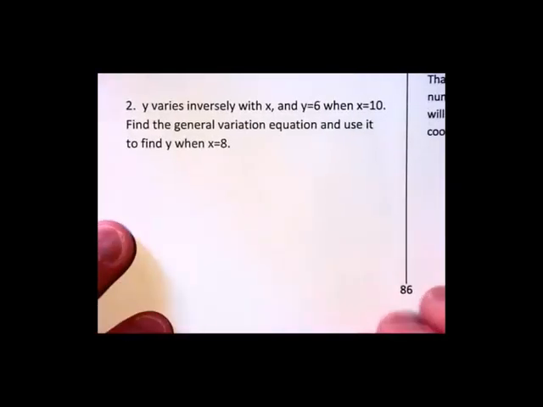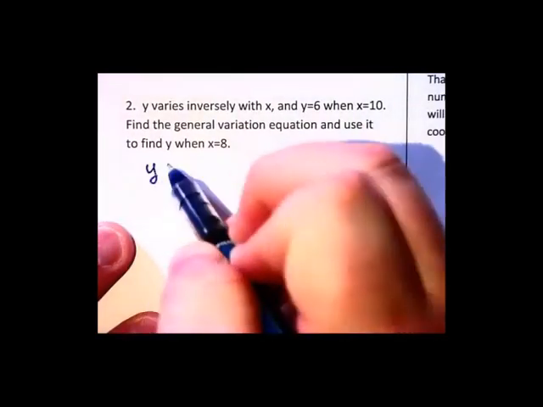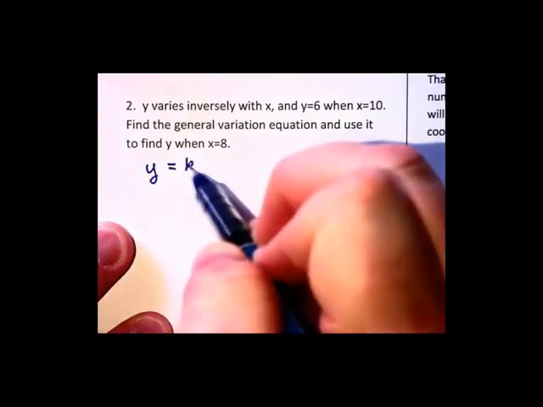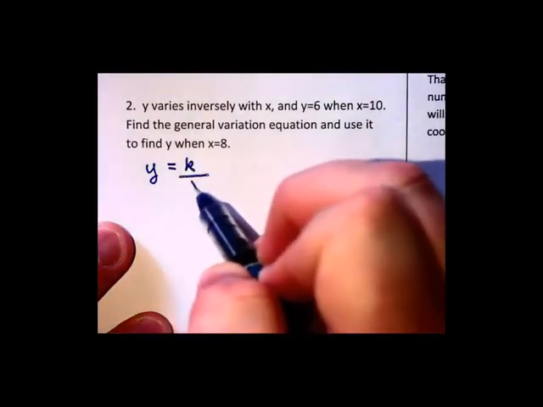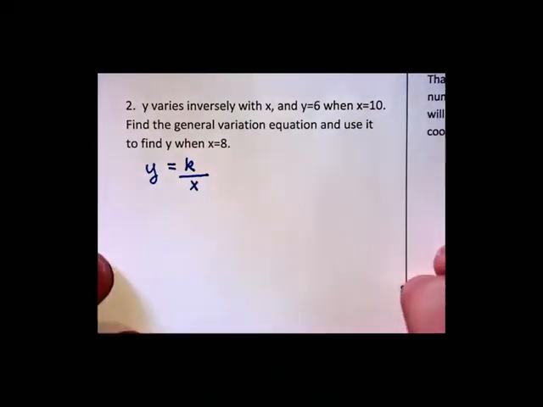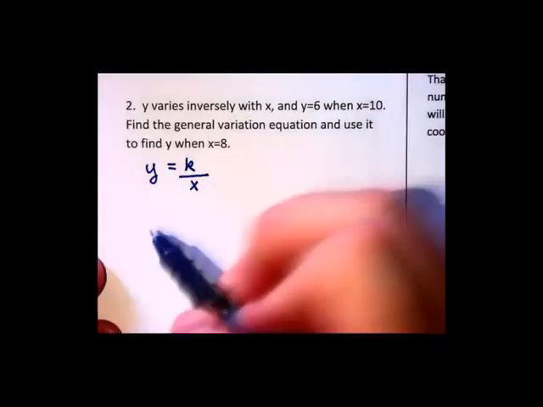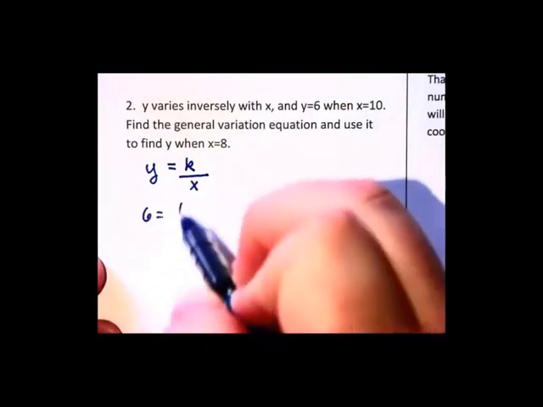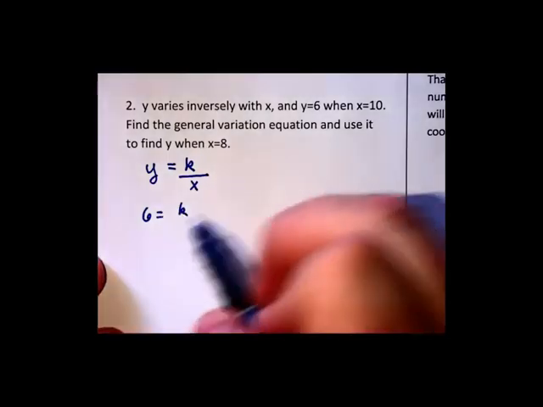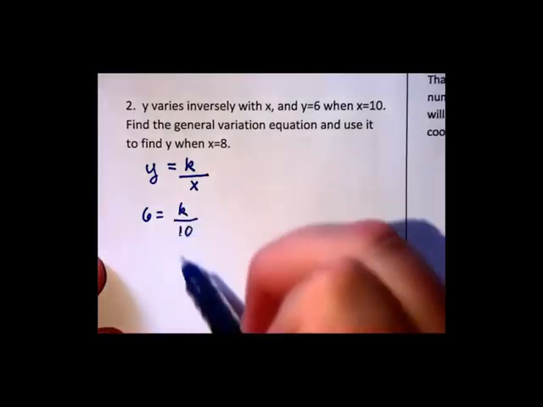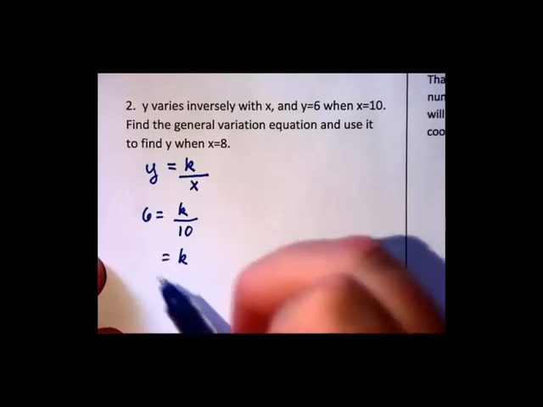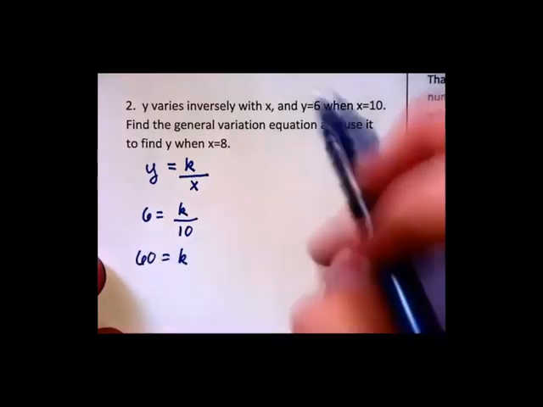In this next problem, we have inverse variation. Y varies, there's my equals k, inversely, which tells us division, divide by k. Now y is 6, we'll substitute that in when x is 10, and multiplying each side by 10, we now get 60 for k.